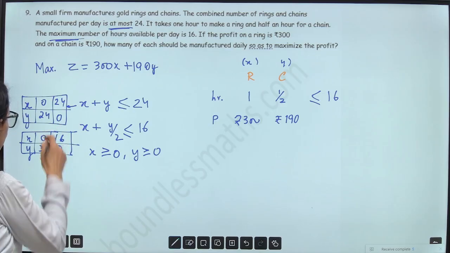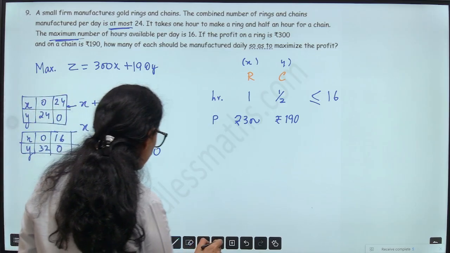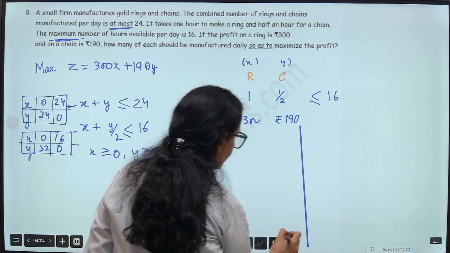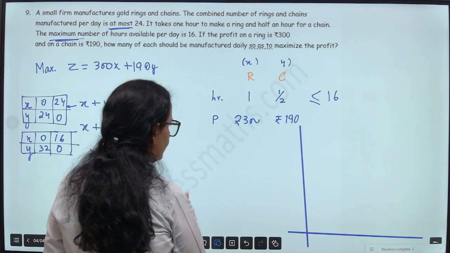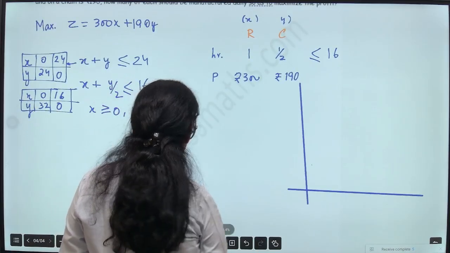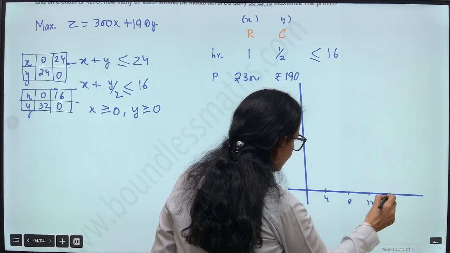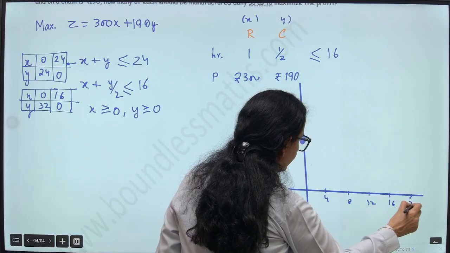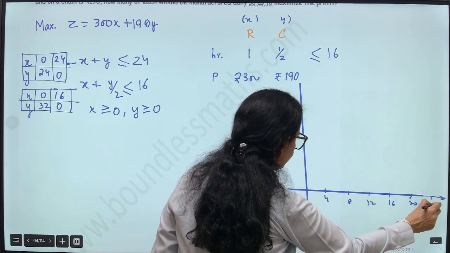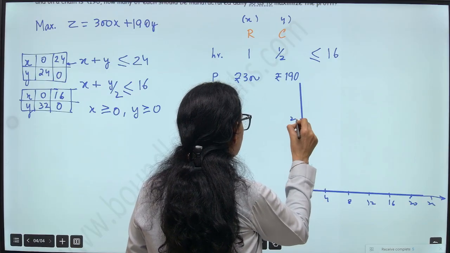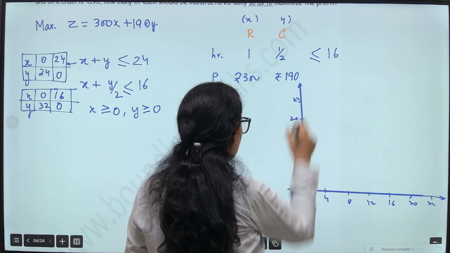So all these are multiples of 4. So we need to choose an appropriate scale also when we are plotting the graph. Okay, so let's take the scale as 4, 8, 12, 16, 20, 24 and so on. Y-axis also 4, 8, 12, 16, 20, 24 and so on.